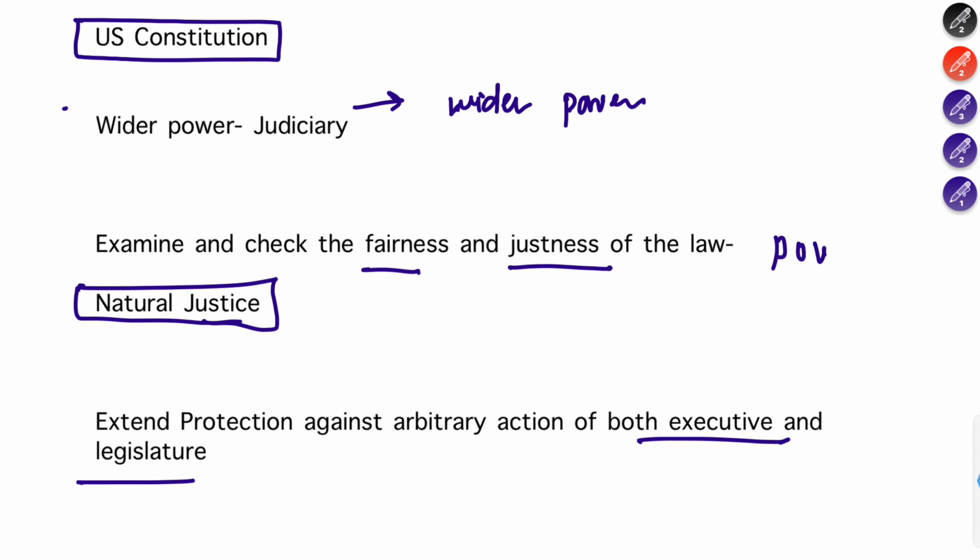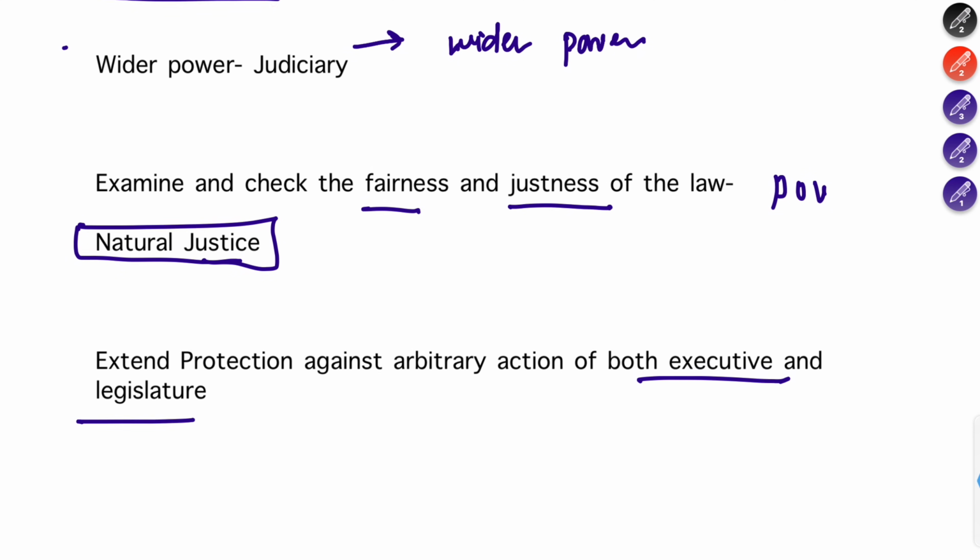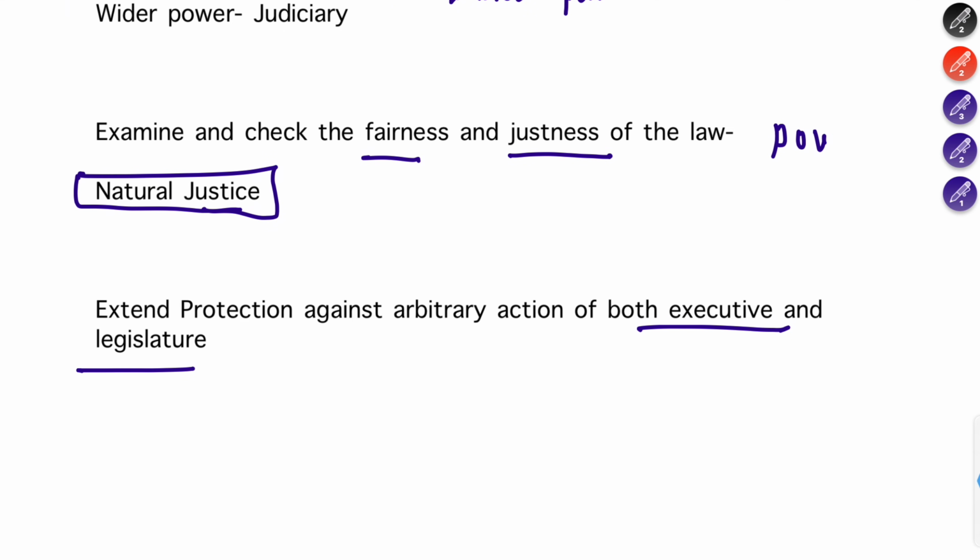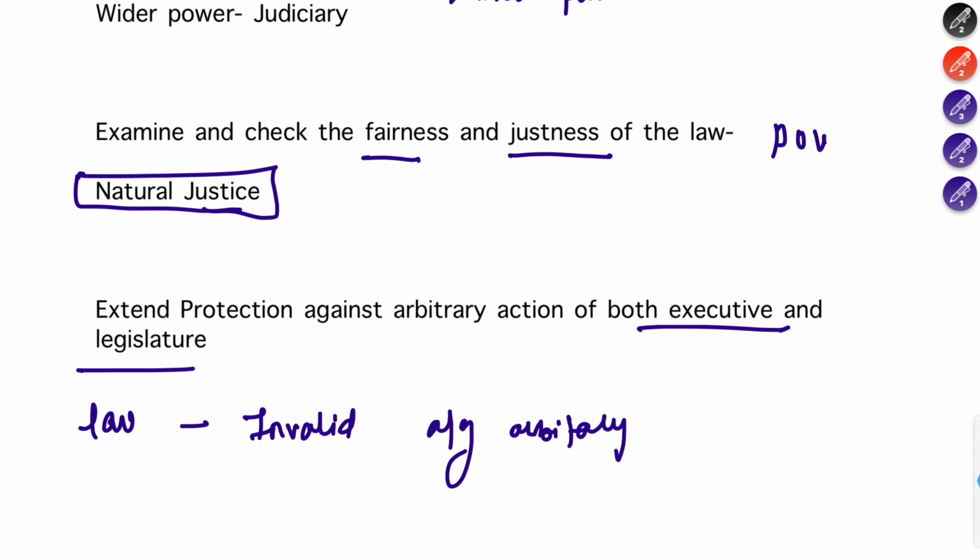If the court finds the law arbitrary or oppressive, it will declare the law invalid and extend protection to the individual against the arbitrary action of both executive and legislature.